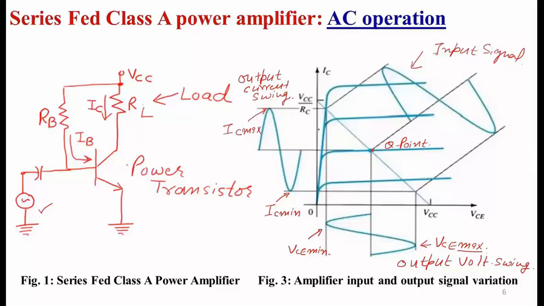So in this way, this is the AC operation. When we apply the input signal, we can get the value of collector current where it cuts the y-axis, and at this point. So we can get the output current swing, and here we can get the voltage swing.